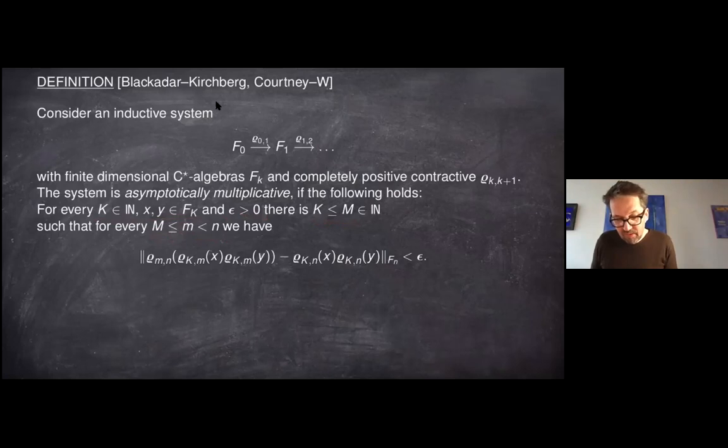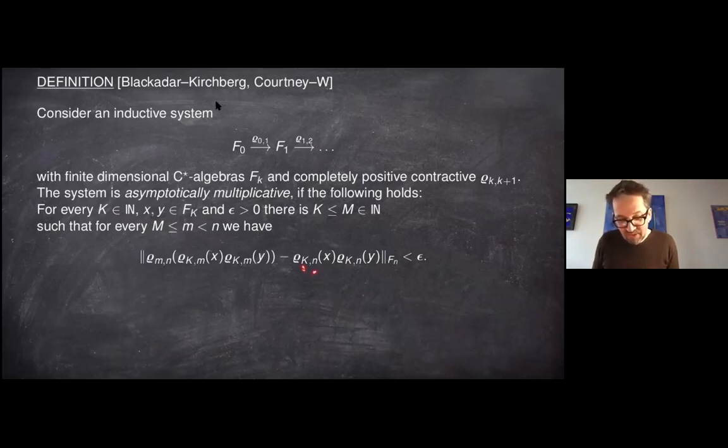maps from F_n to F_k, so those, and you compare them with those from F_k to F_n. I wrote it the other way around.